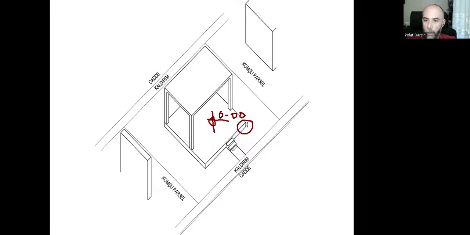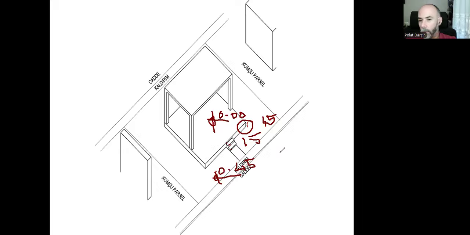If we are looking for three steps and each step is 15 centimeters, then this level will be 45 centimeters. If this is 0 level, then the upper surface of the earth will be minus 45 centimeters.